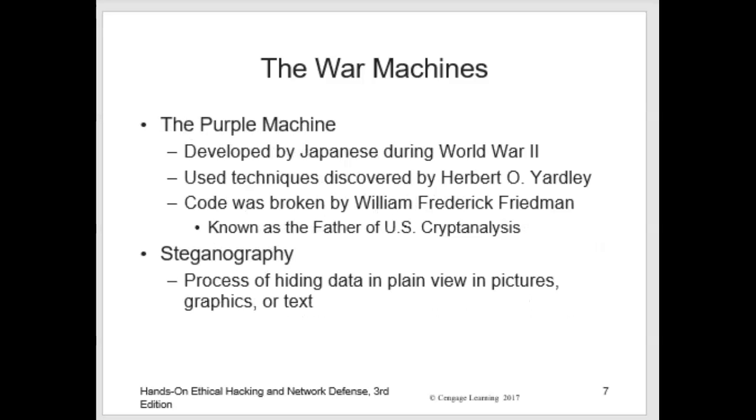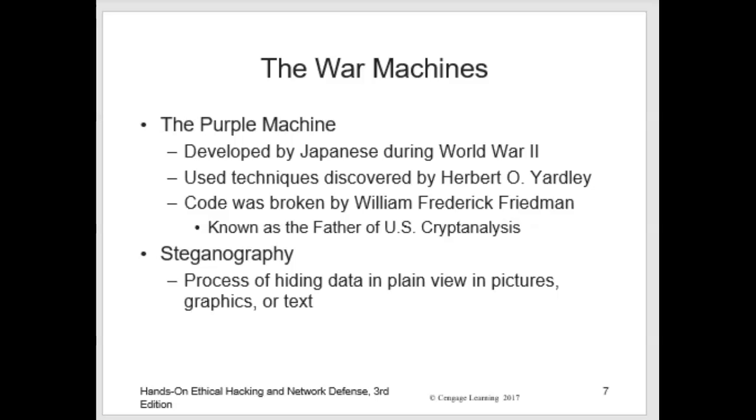Also during World War II, the Japanese developed a notable war machine called the Purple Machine. Now, cryptography is to hide information from others, right? And so these are methods of hiding that, some of them used encryption, and some of them don't use encryption.